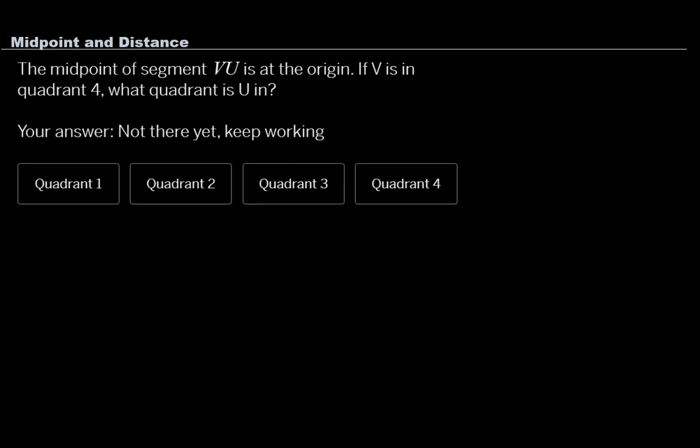So the midpoint of segment VU is at the origin. So if we have this graph, the midpoint is right there at the origin. If V is in quadrant 4, so let's remember our quadrants. Quadrant 1 is where everything is positive, so positive, positive.